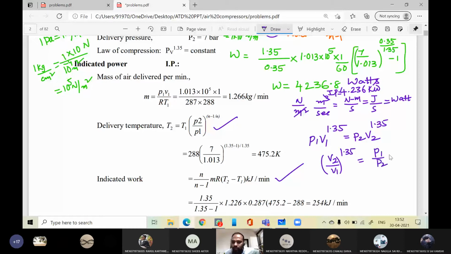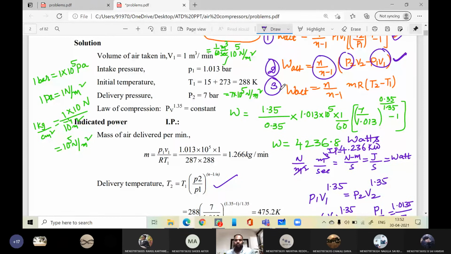P1 by P2 is 1.013 divided by 7. So therefore V2 is equal to V1 into (1.013 divided by 7) whole power 1 by 1.35. And V1 value is known, and if you substitute, you will get V2. So no problem, we can use the second formula also. Any formula can be used. Is this first problem clear? This is a basic problem.